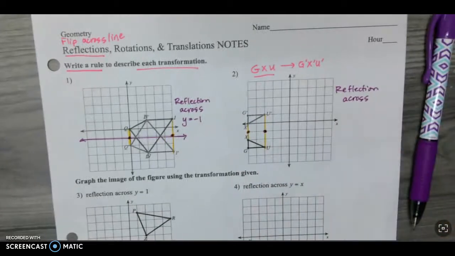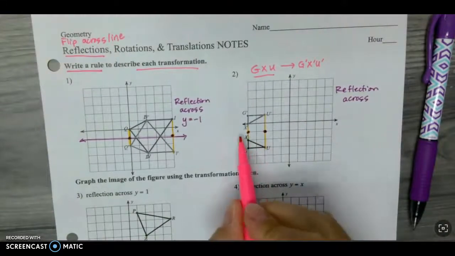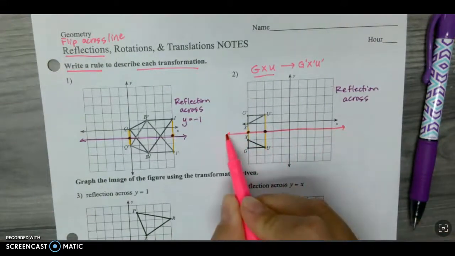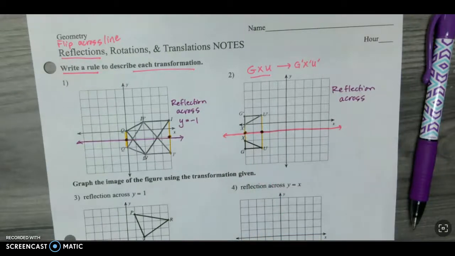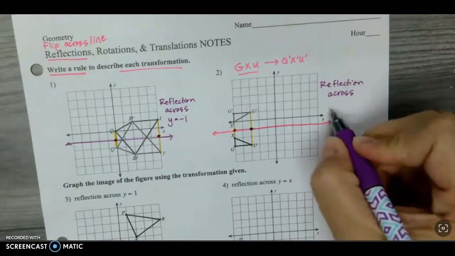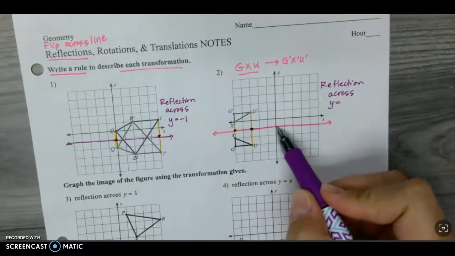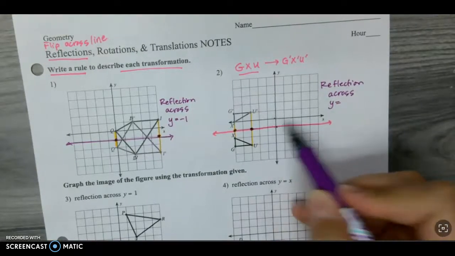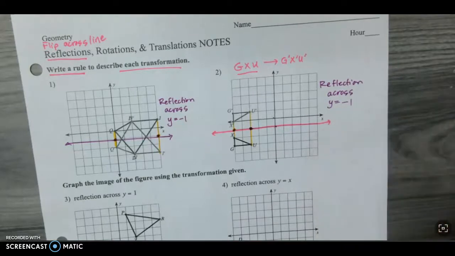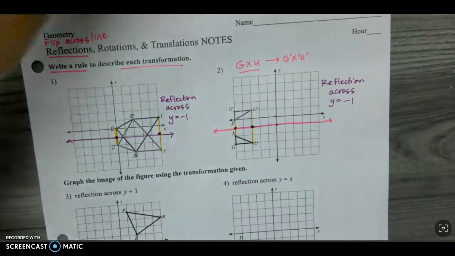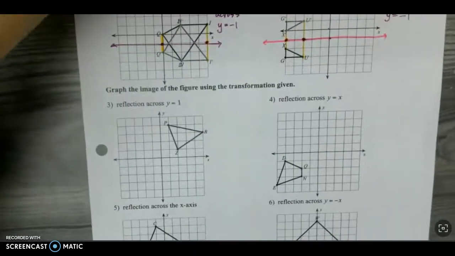And so my line of reflection then is right here. And so lastly, we want to find an equation for that line. And again, it's horizontal, so it's y equals a number. And that number is -1 because it's down 1 from the x-axis.